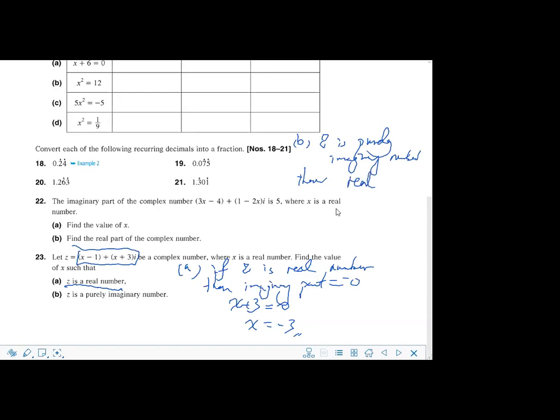Real part should be 0. But what is the real part of Z? It is equal to x minus 1. So we can set that x minus 1 to be equal to 0. Okay, that's how we can set up an equation to find the value of x. And x should be equal to 1. And that is the final answer. It's okay?